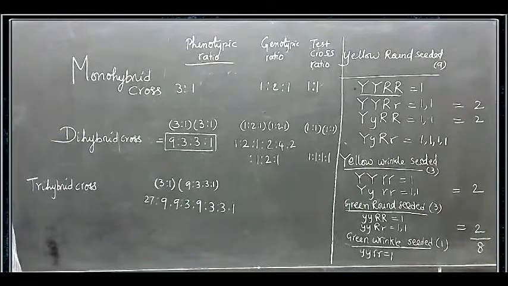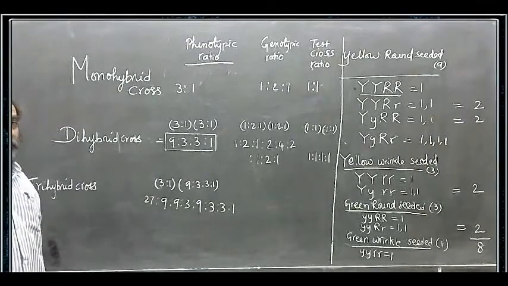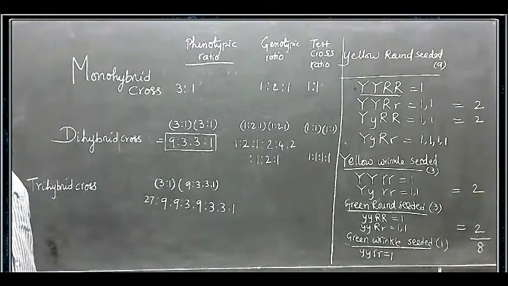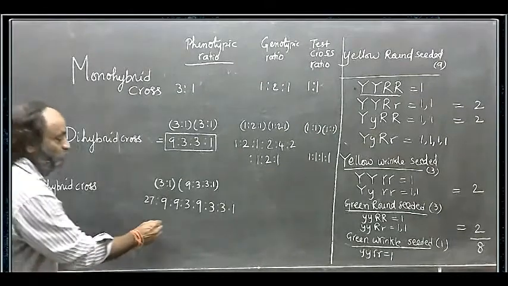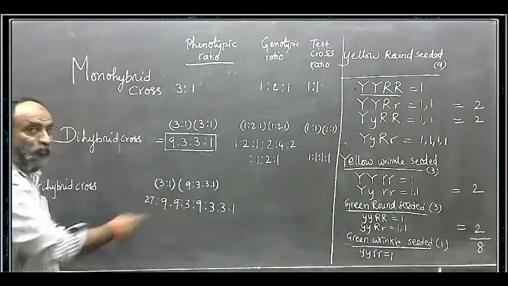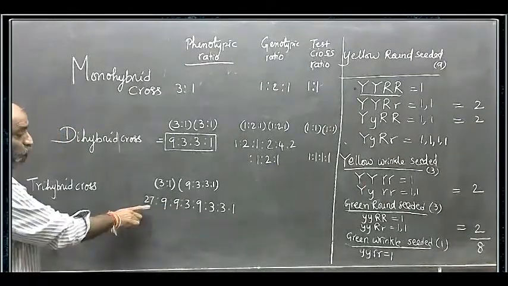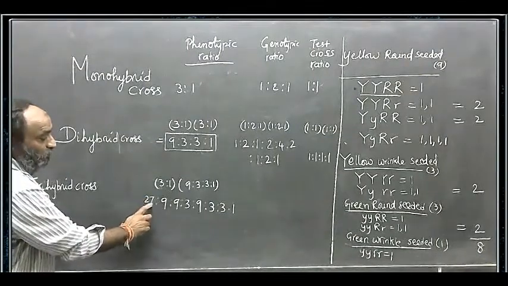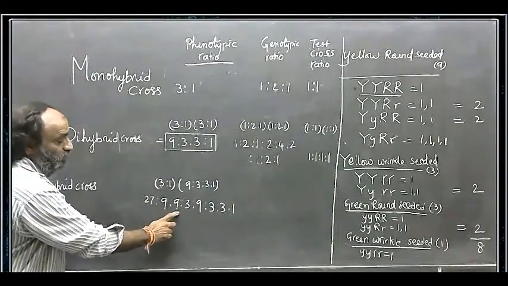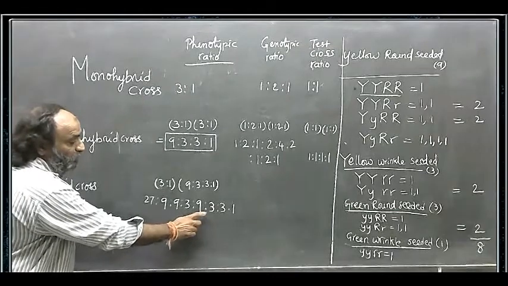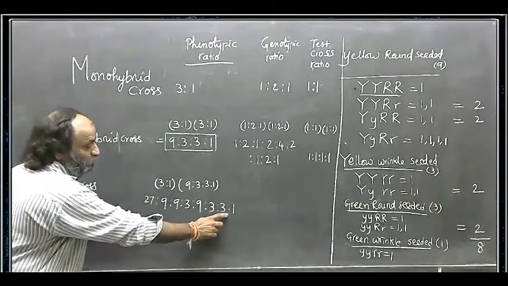So, in a trihybrid cross, in the F2 generation, the number of offspring produced is 64, in the ratio of 27:9:3:3:3:1.